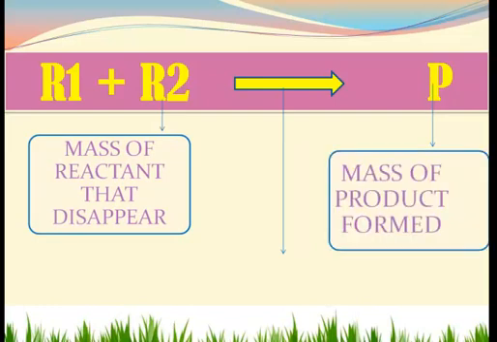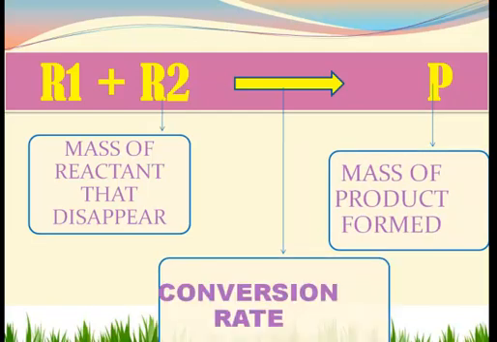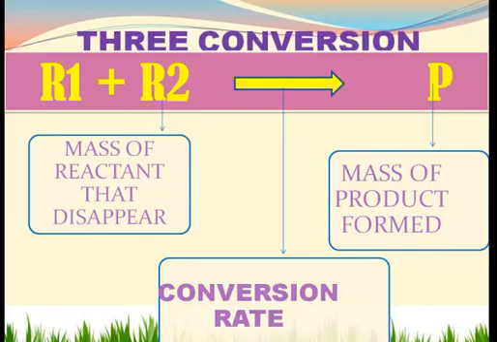In the product form, we can also see the mass of the product that is formed. We can also look at the conversion rate, how the reactant is being converted to the product. These are the three ways by which we can define rate of chemical reaction.